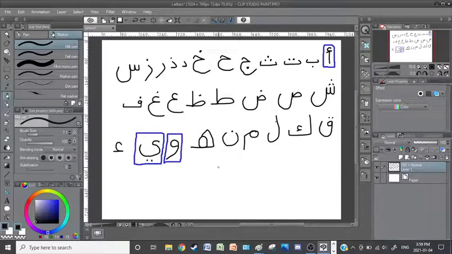Some people even write the ha like so, and the circle doesn't even touch the triangle. That is acceptable. I guess you could say this is the best way of drawing the ha, where the circle touches the end of the triangle.